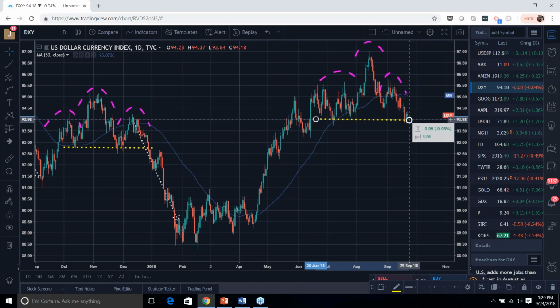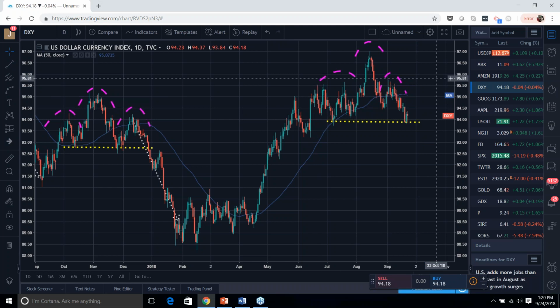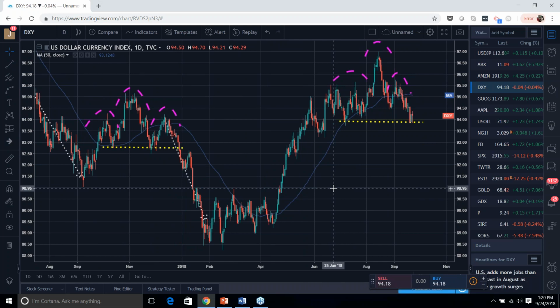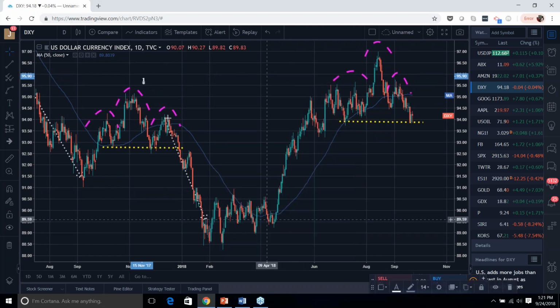So broadly speaking, and it's my opinion, I would put us right about neckline support right now. So you can see here in the DXY, you have two pretty similar head and shoulders patterns set up again. The first setup here is from the number one there.